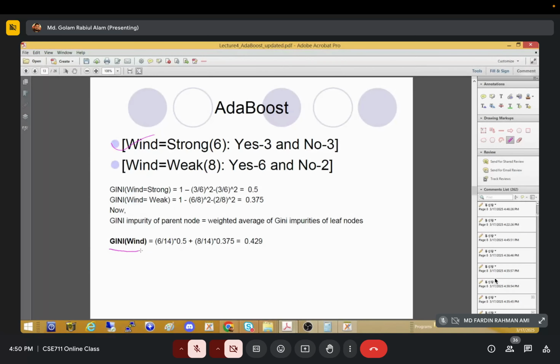If we apply the wind, then the induced Gini you will get is 0.429. Then the reduction by wind will be 0.459 minus 0.429, which is 0.03.